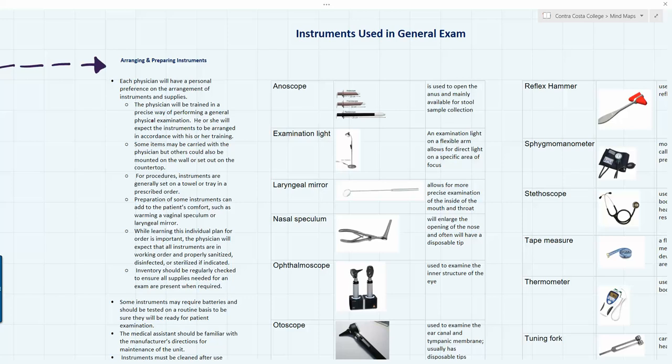While learning this individual plan for the physician's order is important, the physician will expect that all the instruments are in working order and that they've been properly sanitized, disinfected, and sterilized if indicated. You should also be regularly checking to make sure that all the supplies needed for this general physical exam are stocked.